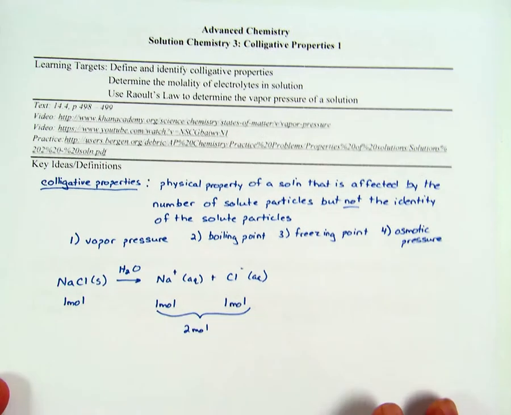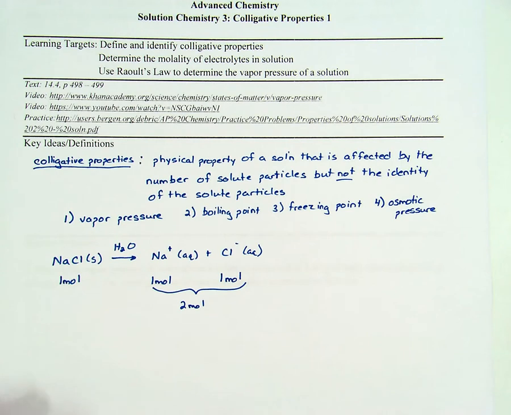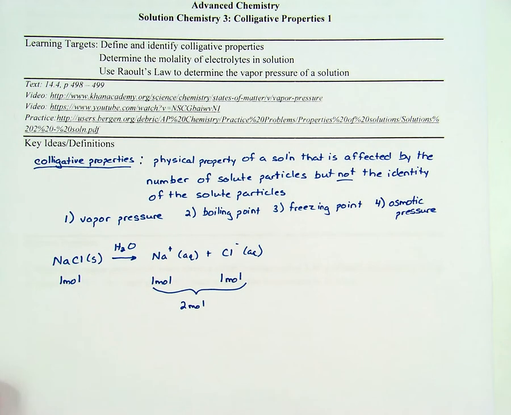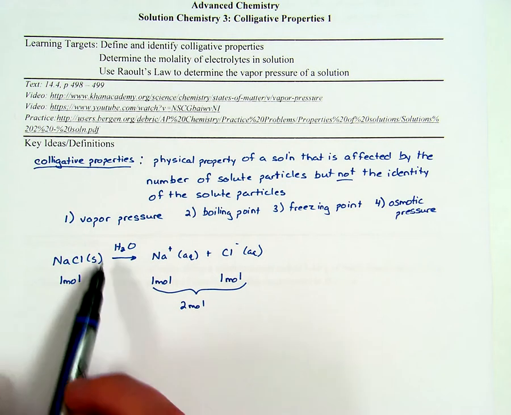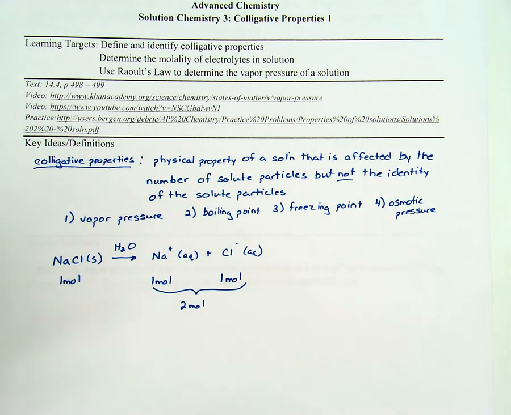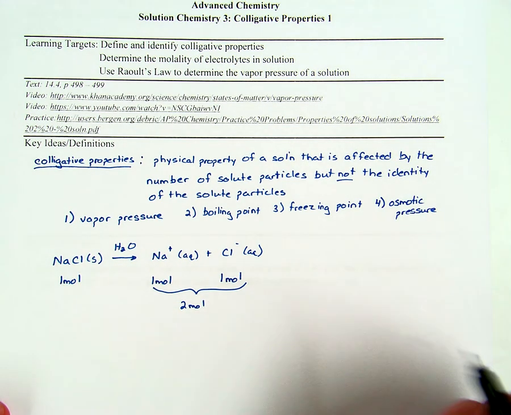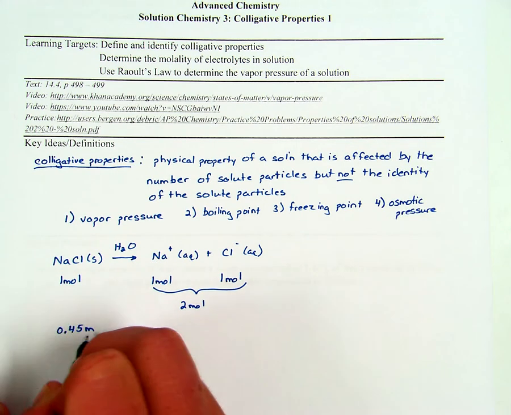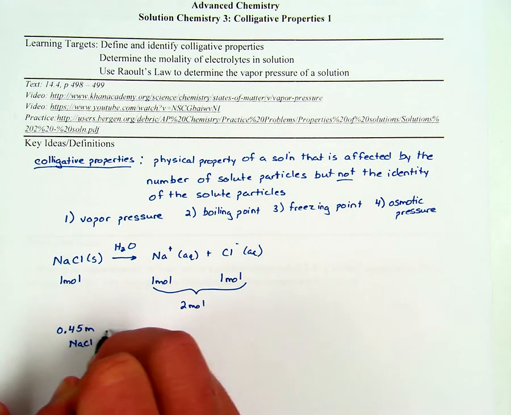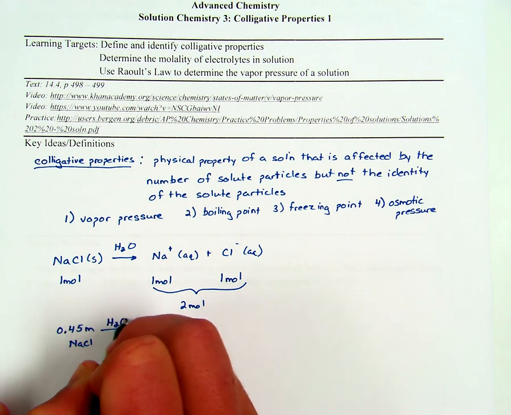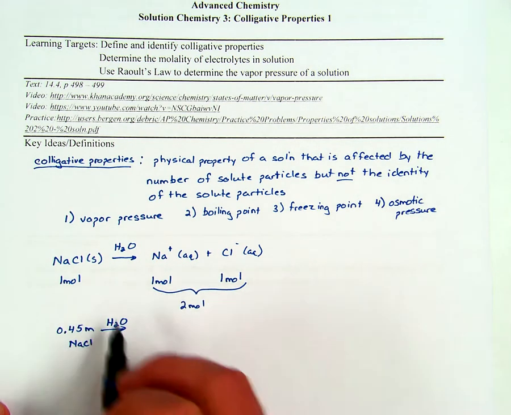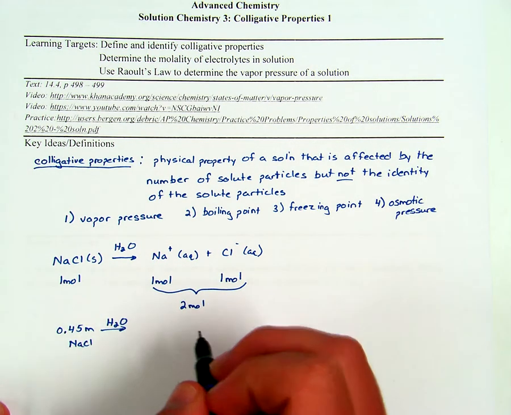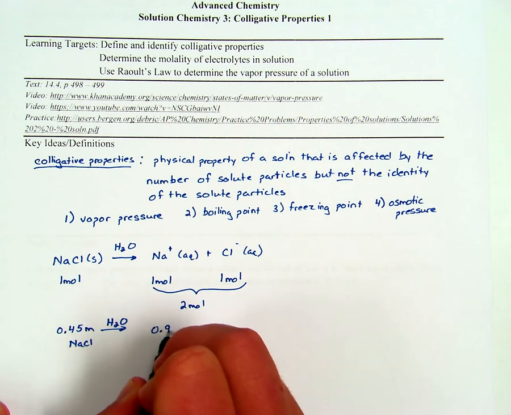So if we were to calculate the molality of a solution made by dissolving sodium chloride in water, the molality of the sodium chloride could be anything. Let's say the molality was 0.45 molal. We put that into water, and we're going to get twice the number of particles that we put into it. So the molality dealing with the particles would be 0.90 molal particles.